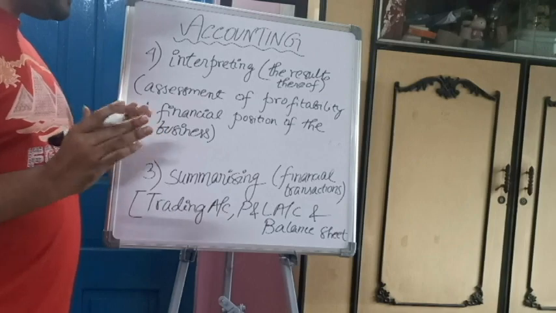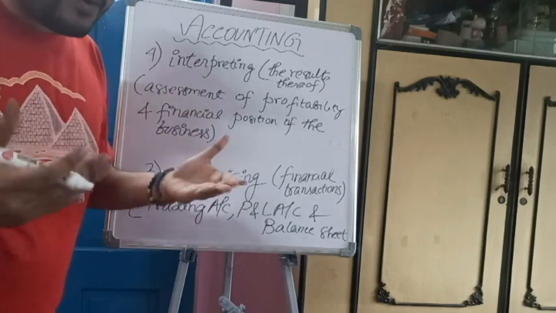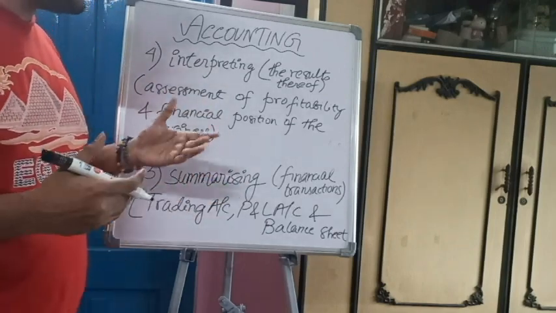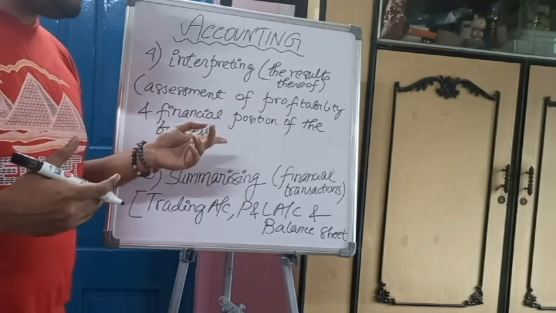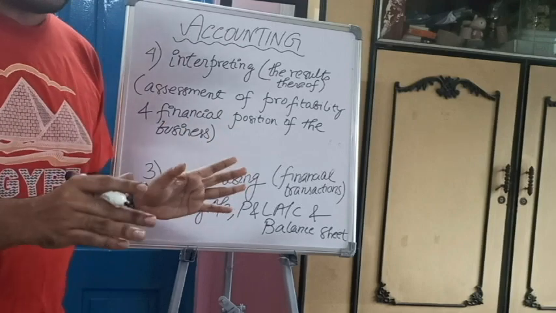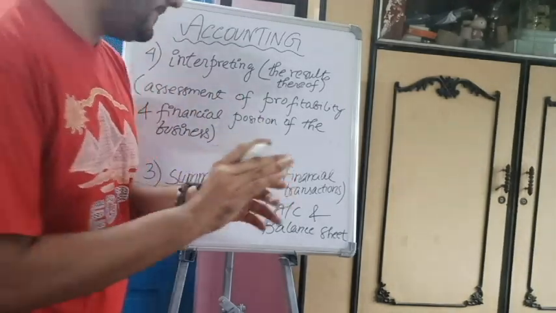What does that involve? Interpreting of what? What we will come to know after interpreting is whether the organization or the firm is in a profitable state or not, or what is the financial position of the business at that point of time.